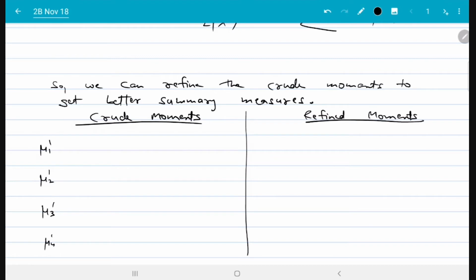Okay, the subscripts 1, 2, 3, 4 denote that we have the first, second, third and fourth moment. The prime on top denotes that we have crude moments. Okay, first one gives us good information, second one not so, third and fourth in crude form are not useful.